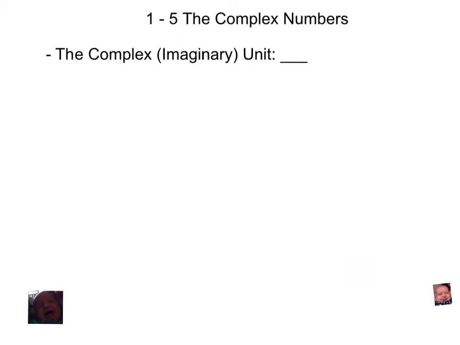Complex numbers, i.e. imaginary numbers, go by the imaginary unit i. We say that because 3 squared equals 9, the square root of 9 is 3. That's easy enough.